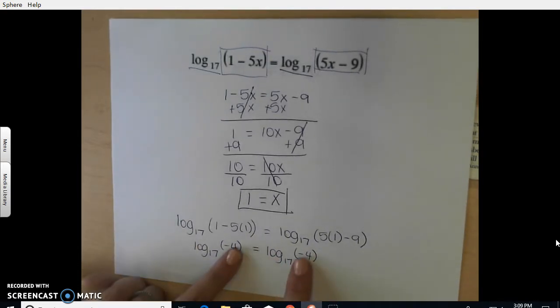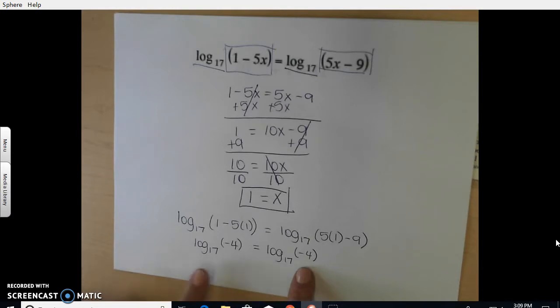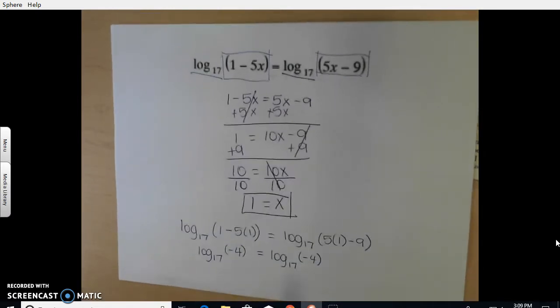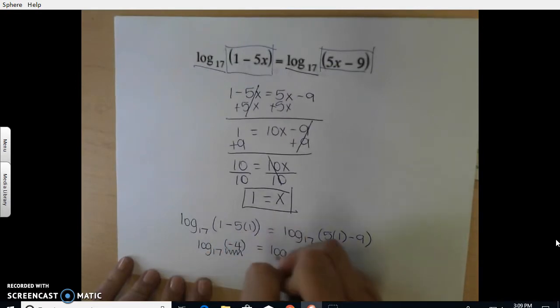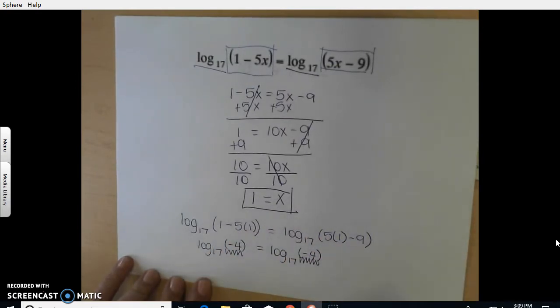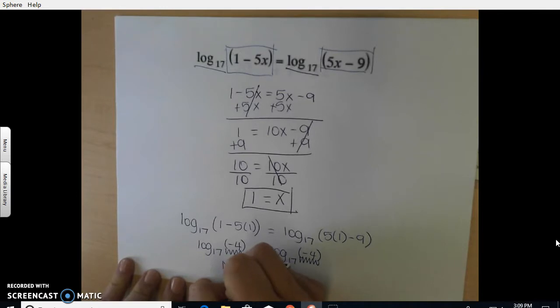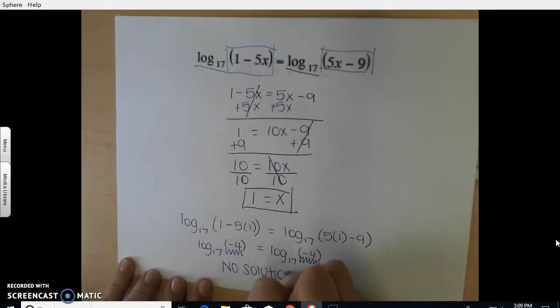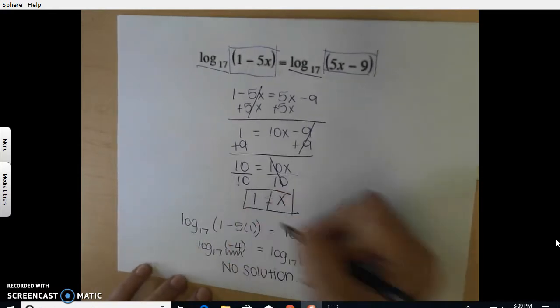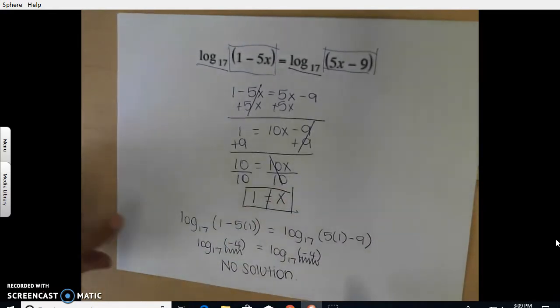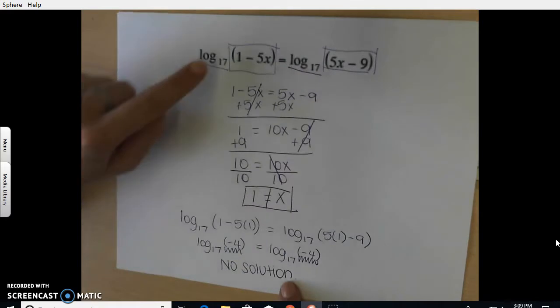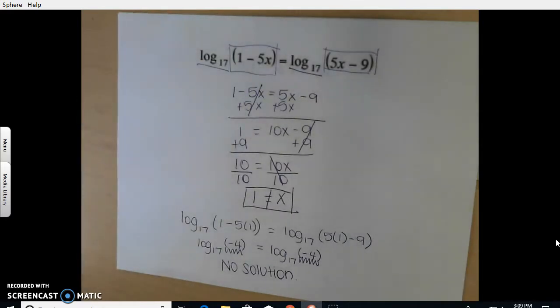Although this is equal, log base 17 of negative 4 is equal to log base 17 of negative 4, we're taking the log of a negative number, therefore we have no solution. So when we're solving log equations, we need to make sure that our answer does not give us a negative log.